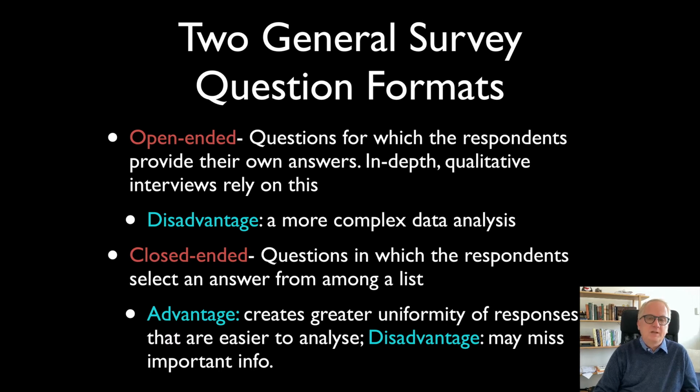The disadvantage, though, is that it may miss important information because you're only letting them choose among some alternatives, and maybe you just didn't include an important alternative that would have given you more information that's necessary when you're trying to make an inference about the population. So that would be the disadvantage of closed-ended questionnaires.